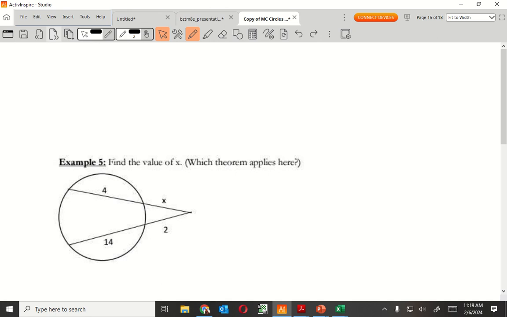Try this one. It's like the second example if you're struggling.